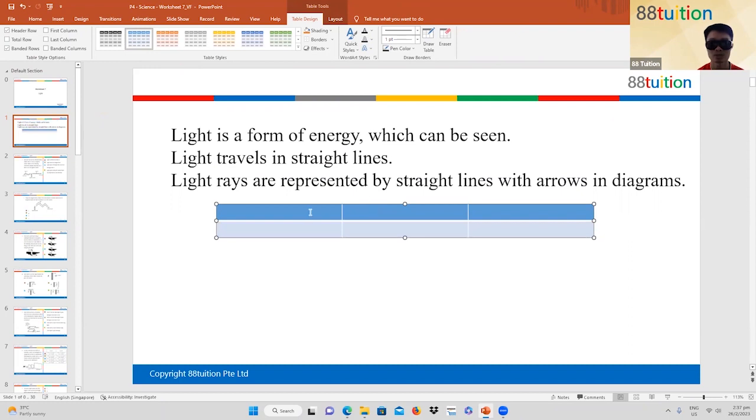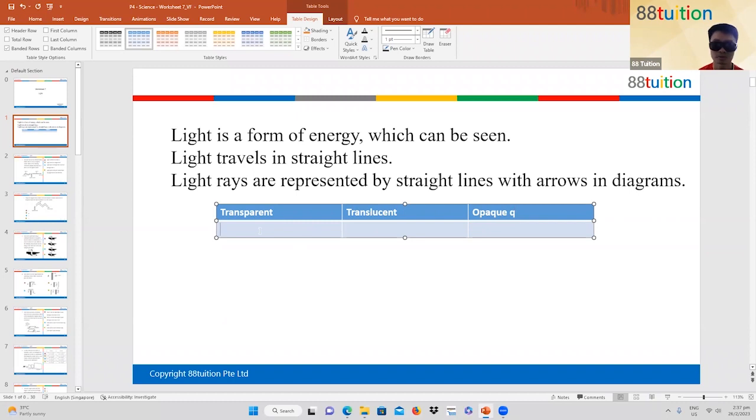One of the ways to classify objects is to put them according to the amount of light that can pass through these materials, namely transparent, translucent, and opaque objects. All right.